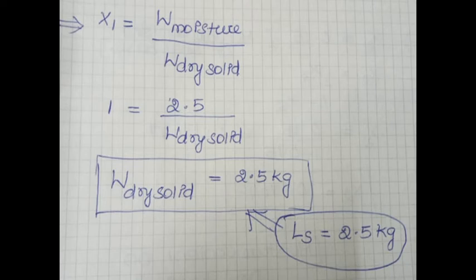In this expression, capital X1 and weight of moisture are calculated values. Substitute here. Capital X1 is equal to 1. Weight of moisture is equal to 2.5. Finally, we get weight of dry solid, that is capital LS is equal to 2.5 kg.